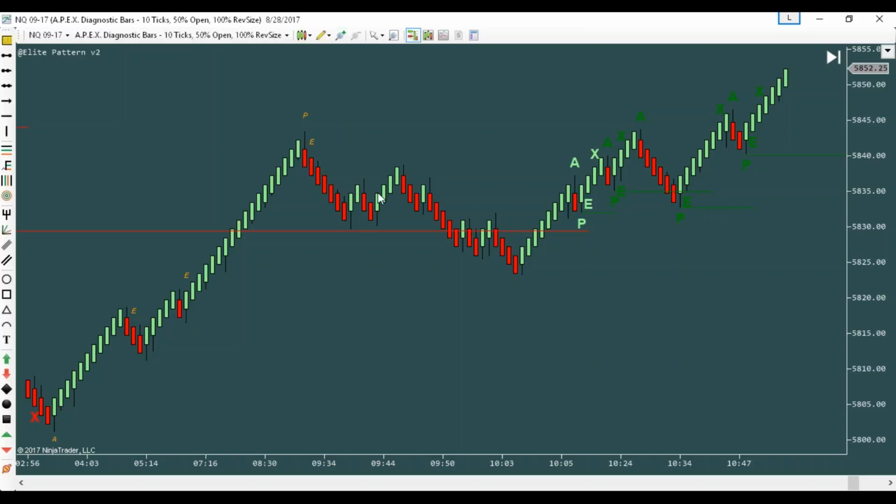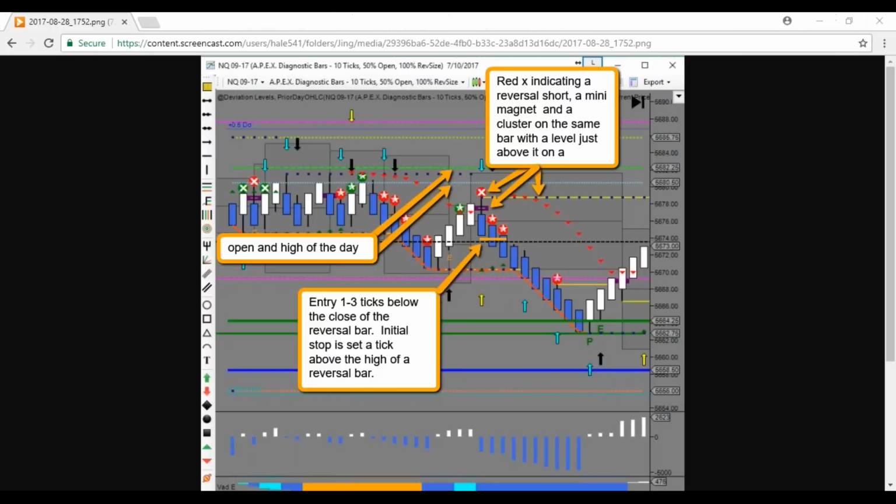It doesn't switch with every up and down closed bar. So technically, we're in a green apex right now. It hasn't reset, so we did not get a red P here. But it's a reversal bar. We've got right here the open and high of the day levels within a bar. So it's reversing off of a level. We have the red X indicating a reversal short. And we have a cluster right here.